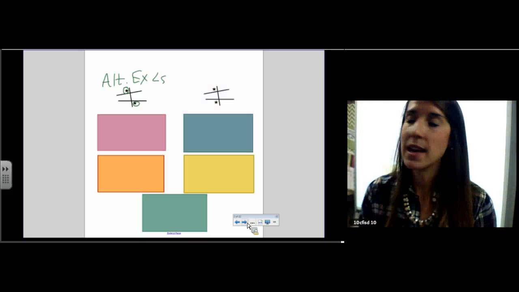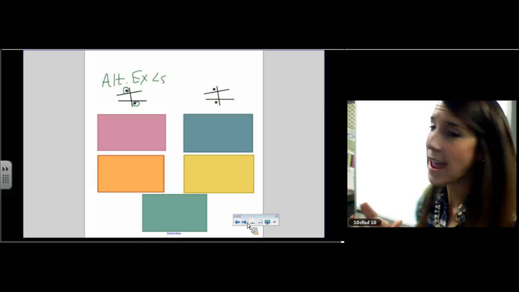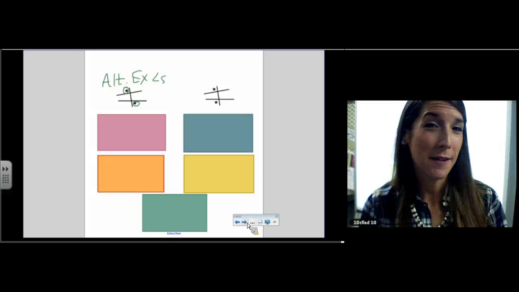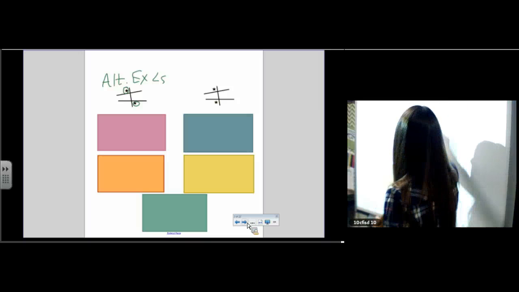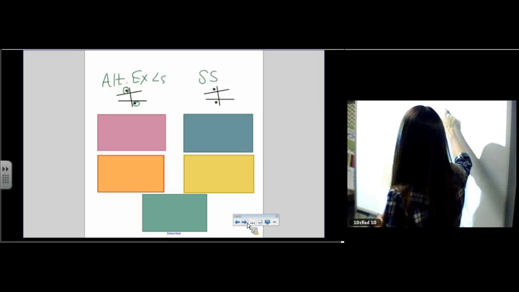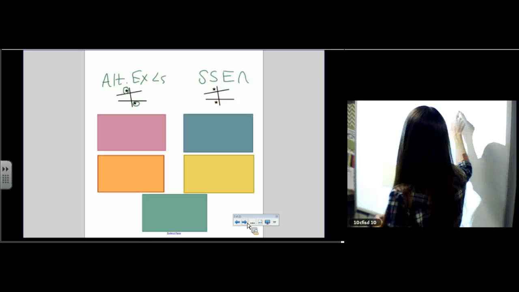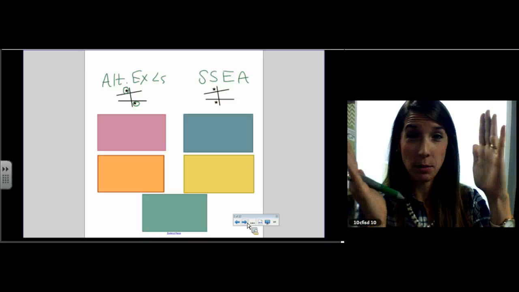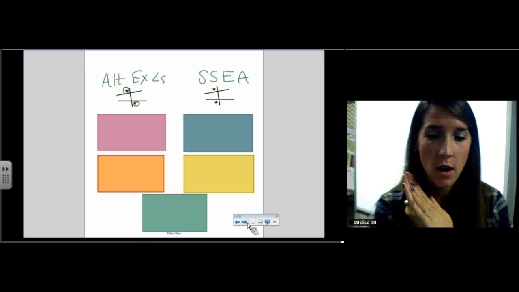These are not alternate because they are both to the left of our transversal. So these would be same side, and these are exterior angles because they're also on the outside of those lines. If those lines were to collapse, those stars would not get crushed.